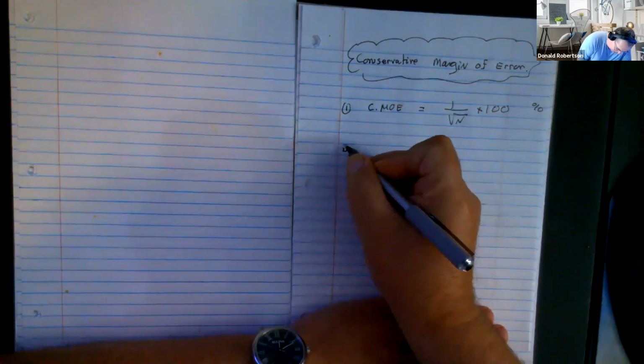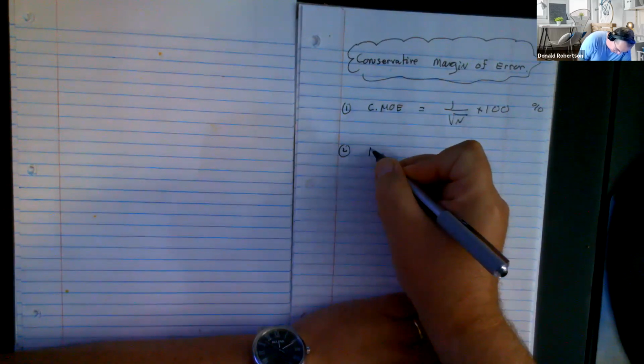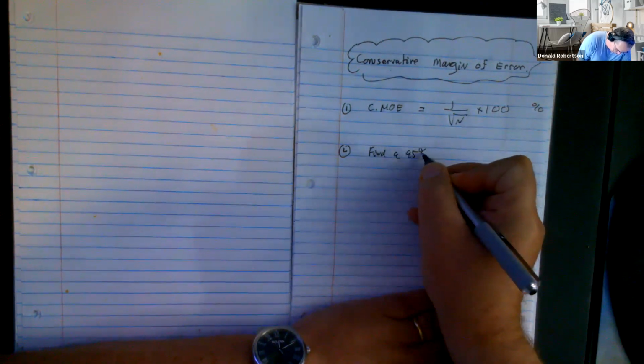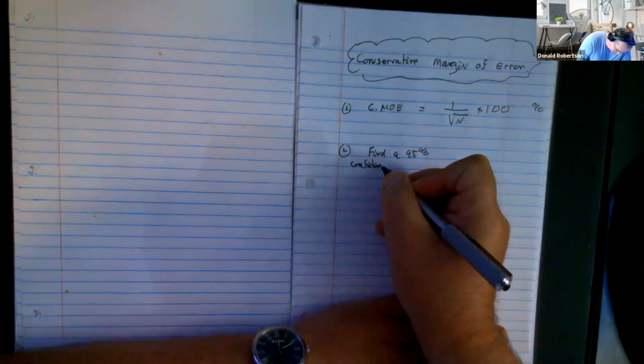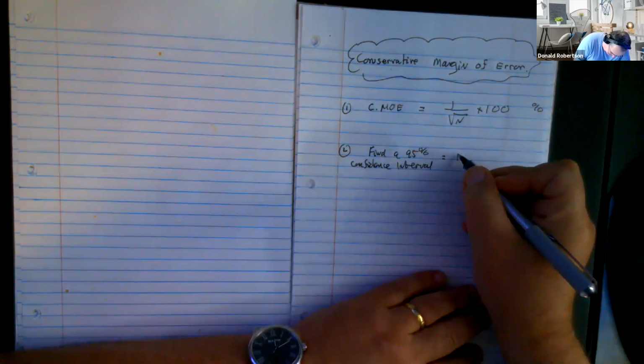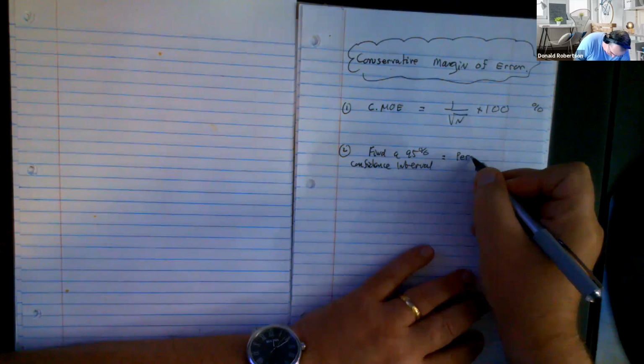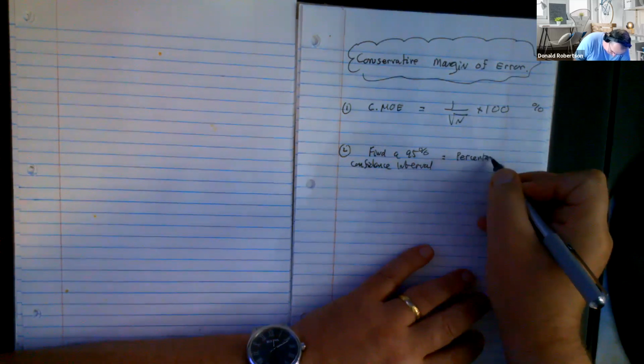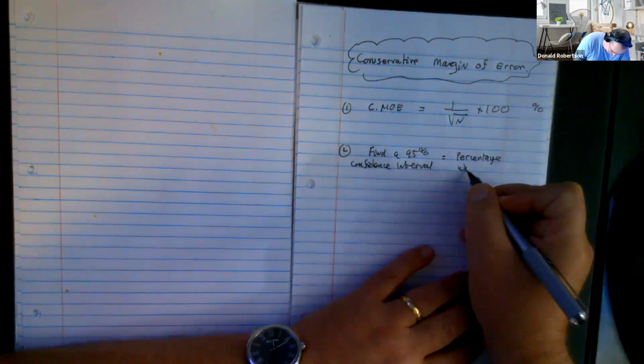The second kind of question is: find the 95% confidence interval. And that, in a very generic way, is the percentage of people in your sample who said yes.